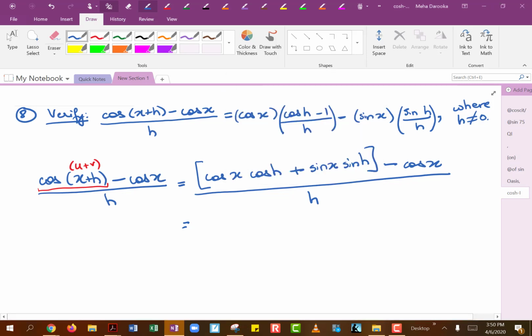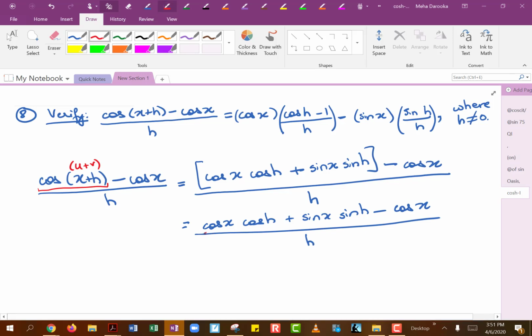I'm going to write this down as cosine of x, cosine of h, plus sine of x, sine of h, minus cosine of x, the entire thing over h. So you can see this term here has a cosine of x in it. This term here has a cosine of x in it. So let's get them together.